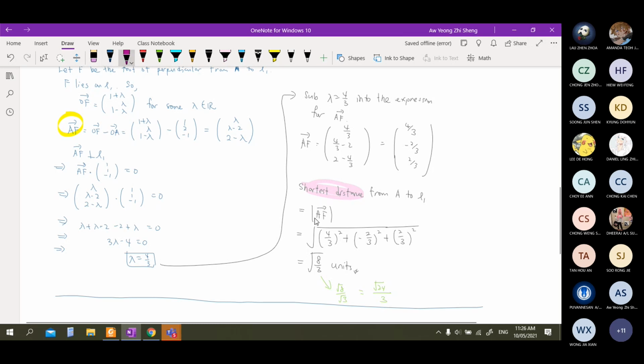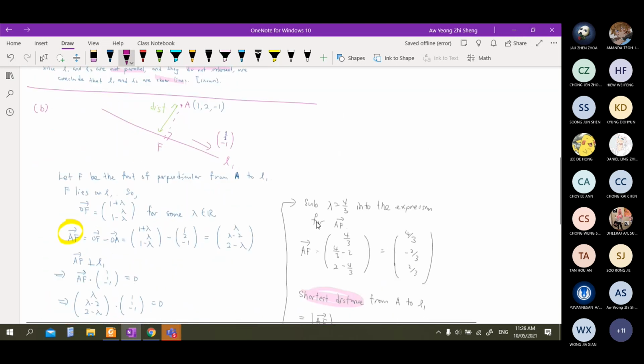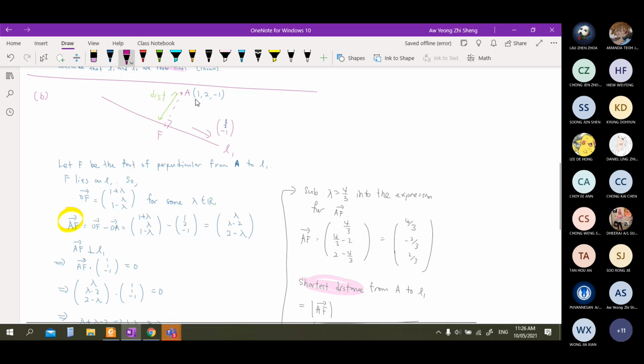For information later, not today, but a few days later, when we start to do FP1 vectors, there will be a faster way for us to find the distance from point to line. There will be a faster way involving cross product.